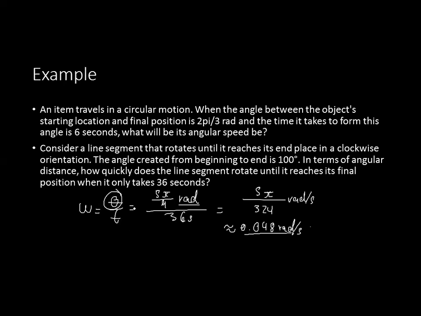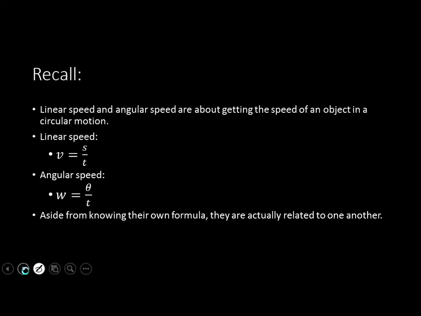But for this case, since we're talking about angles, we need to convert it into radian and we will include radian here because angular speed is about change in angular distance. So we will have radians per second. Because if we remove radians, this answer would be wrong because we're talking about angular speed here. So the unit should involve an angle unit that is in radian. I hope you understand me.